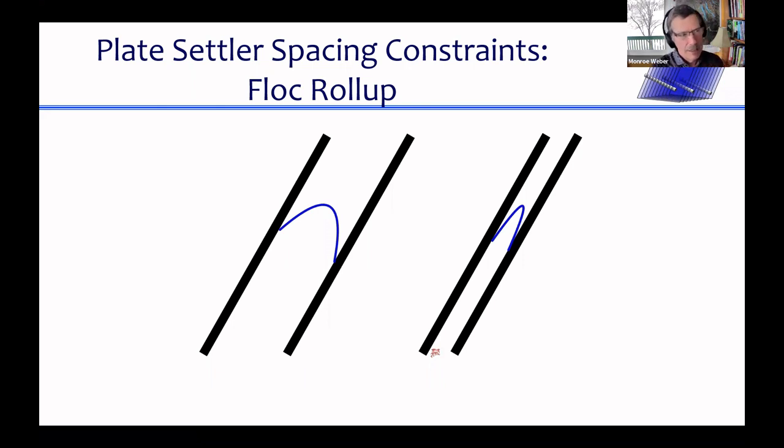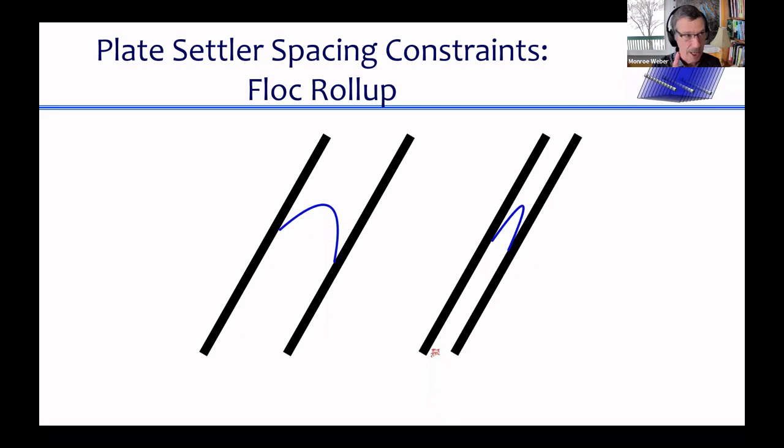And if that, can you see what the failure mode is? If the velocity at the center of the floc is higher than the velocity at which the floc would want to slide down that incline based on gravity, then that floc's going to go up instead of down. So I'm not making this up. This is actually a real failure mode in plate settlers.